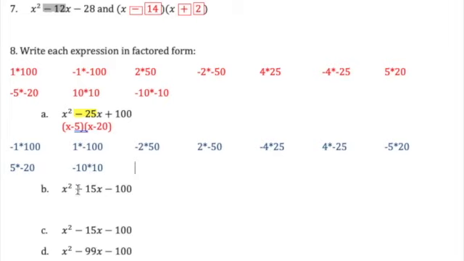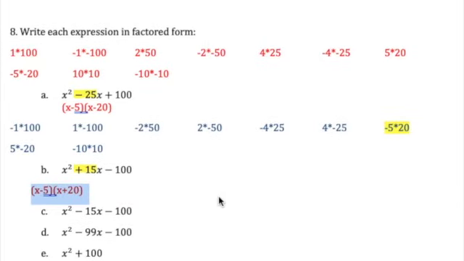So now I need numbers that multiply to get me -100 and add to get me 15. Which of these combinations is going to add to get me 15? -5 and 20, there's my winner. x minus 5 and x plus 20. So there's that one.